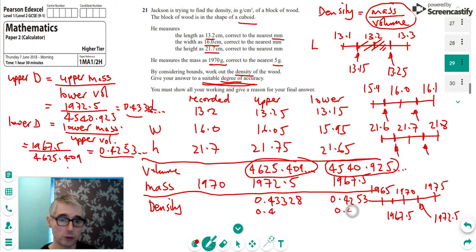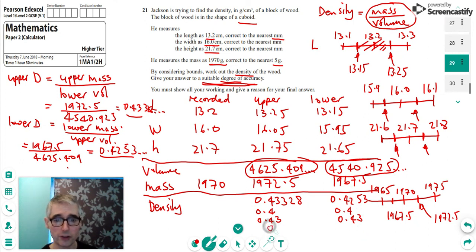So they agree. We could say it's 0.4 to one decimal place, and both the lower and upper boundaries agree. If we do it to 2 decimal places, we get 0.43 here, and we'd also get 0.43 for the other. So to that degree of accuracy, the upper and lower boundaries agree with each other, and so that would be a suitable degree of accuracy as well.